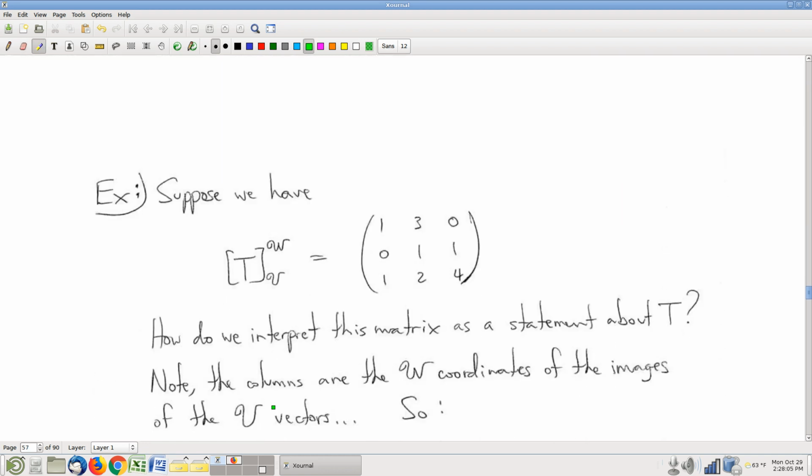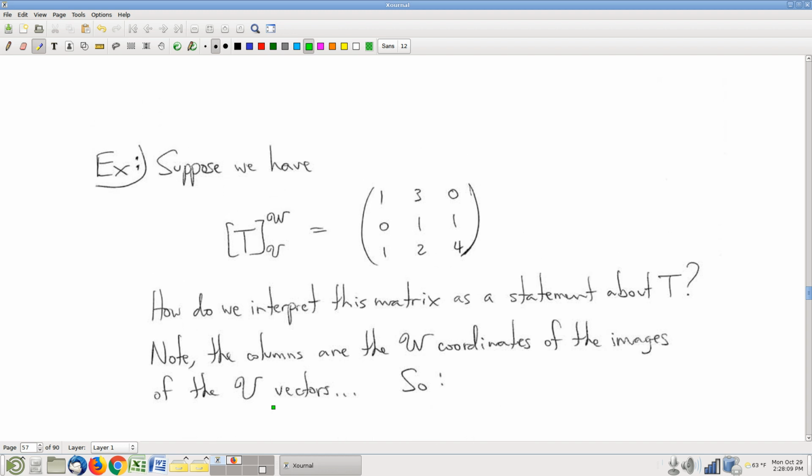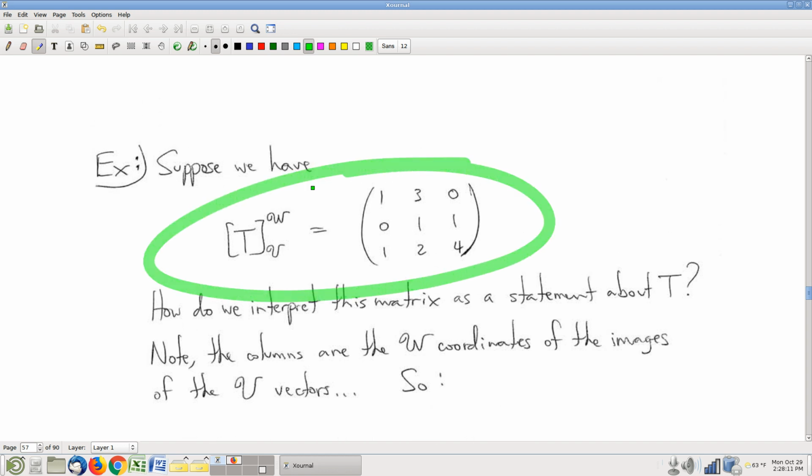Okay. A couple of examples. If you know a linear transformation and you want to ask how do you represent that linear transformation as a matrix, we talked about that with the last example. This sort of goes the other way. Suppose you don't know the linear transformation, but you know how to represent it with a matrix. What does that tell you about the linear transformation itself?